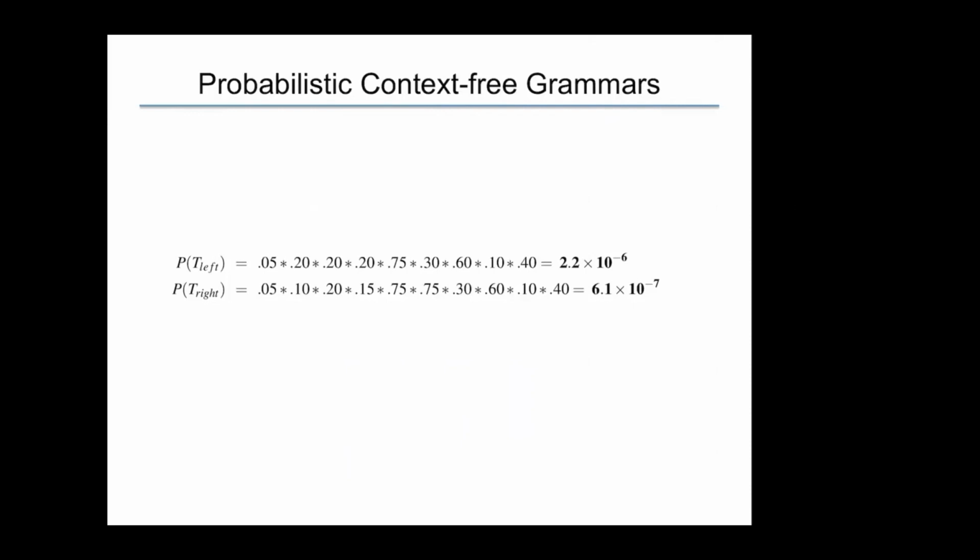In this example, the probability of the left parse was 2.2 times 10 to the power of -6, and the right parse is 6.1 times 10 to the -7. And in this case, of course, the left parse is more likely. So if your model is able to decode that, it will say the left parse is the correct one.